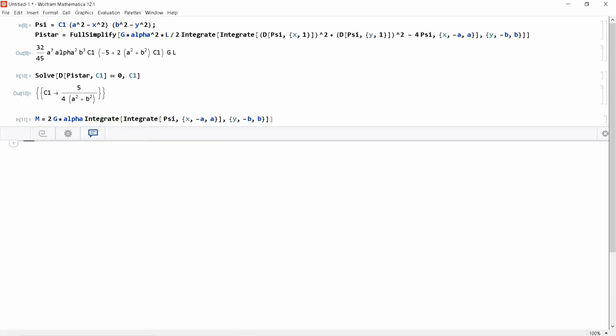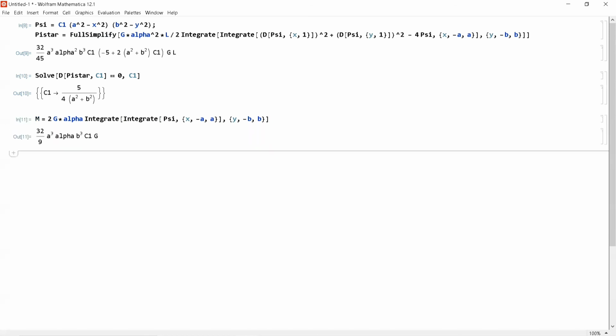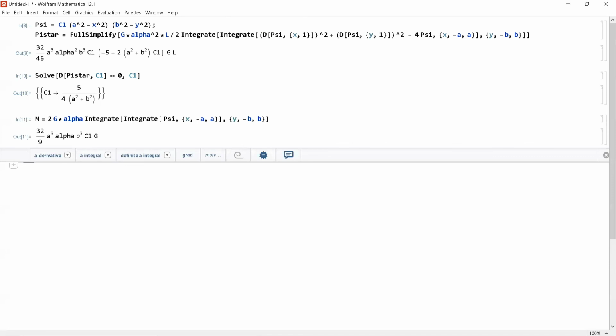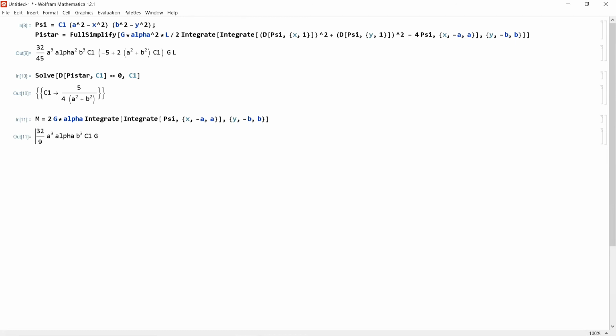And when I do this, it doesn't know how to do it. Yeah, so I get something here. Oh, it didn't plug in C1. Let's plug in C1. Okay, I need to make this equal to something.